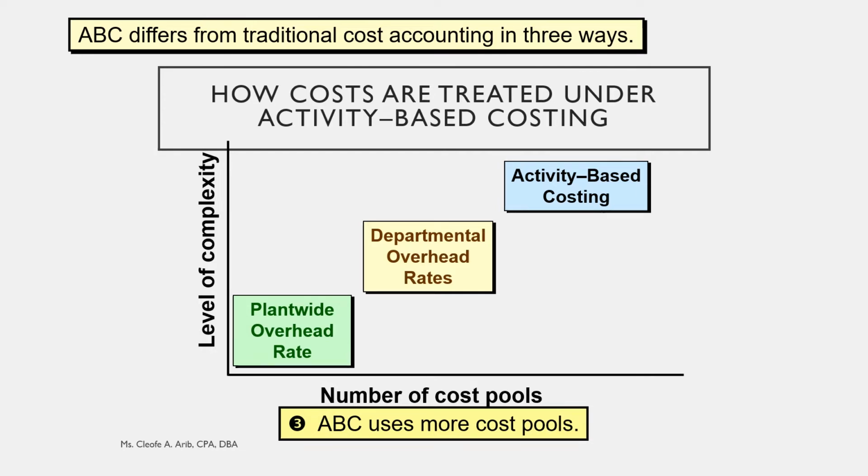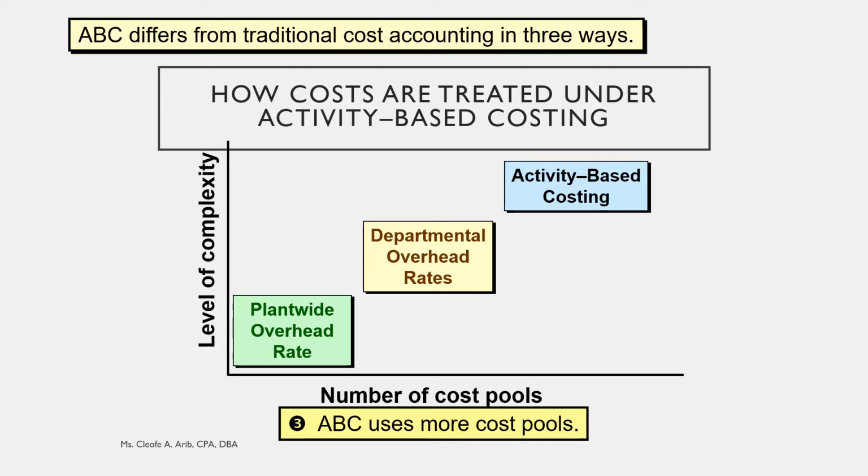Under cost accounting, you used either a plant overhead rate or a departmental overhead rate. But this time, when we are using ABC or activity-based costing, we have a greater number of cost pools. So, numerous overhead cost pools are used, each of which is allocated to products and other cost objects using its own unique measure of activity.